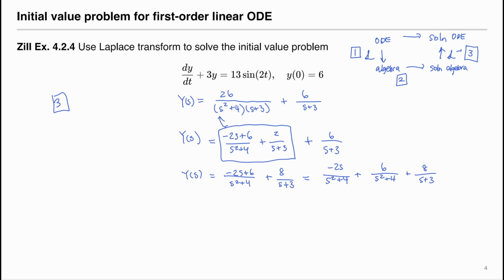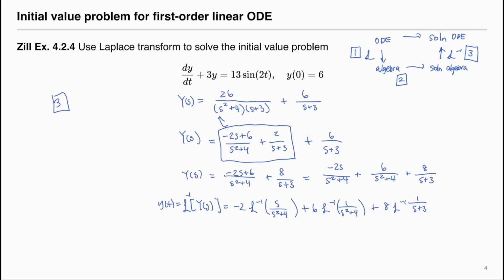So the inverse Laplace transform of Y of s is equal to negative 2 inverse Laplace of s divided by s squared plus 4, plus 6 inverse Laplace of 1 over s squared plus 4, and plus 8 inverse Laplace of 1 over s plus 3.